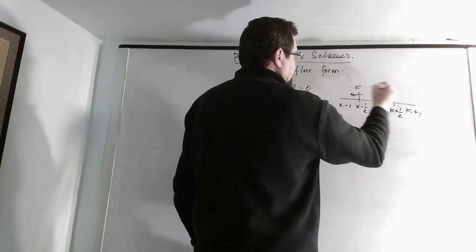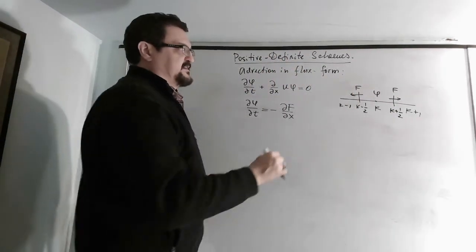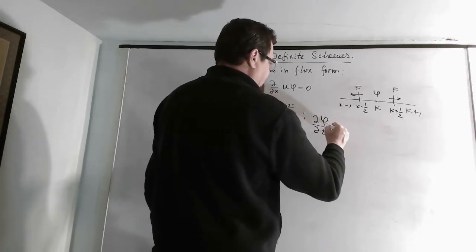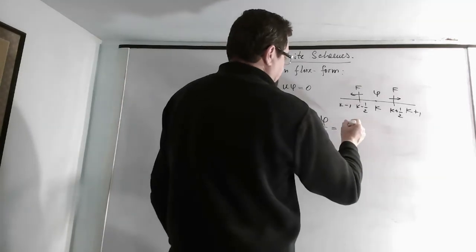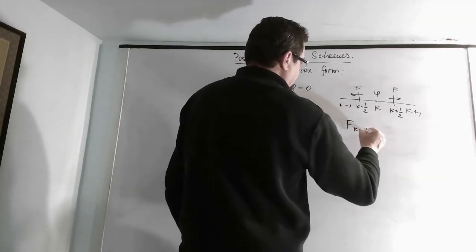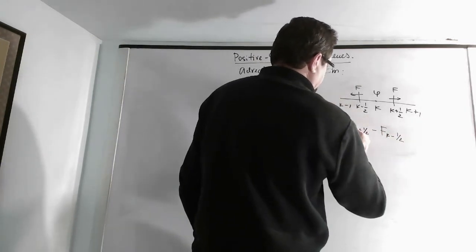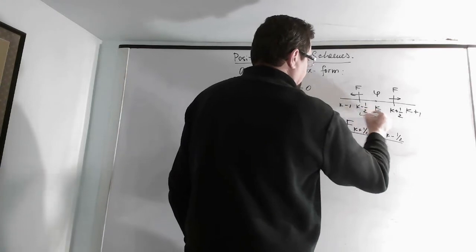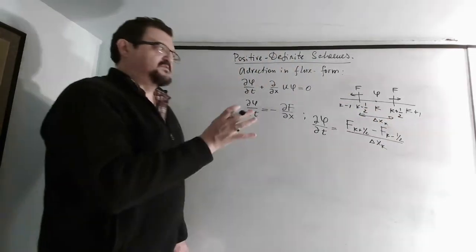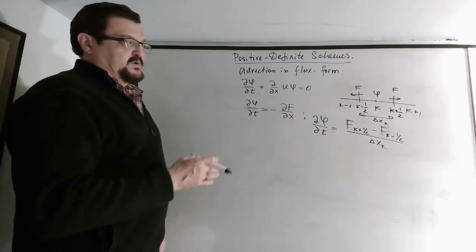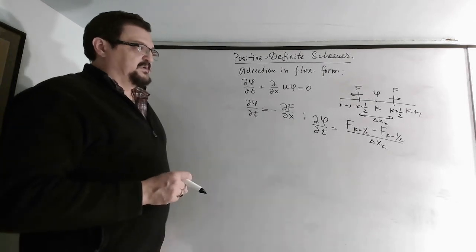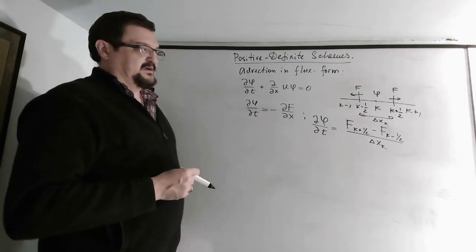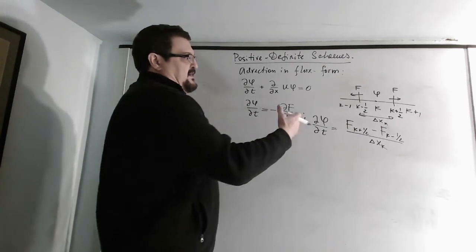Basically you approximate the following: d phi/dt equals, we don't specify this particular derivative, but it's equal to flux k plus 1/2 minus flux k minus 1/2 divided by delta x k. So delta x is your cell's width. So this is basically a finite volume equation, or finite difference equation in flux form, for this problem.